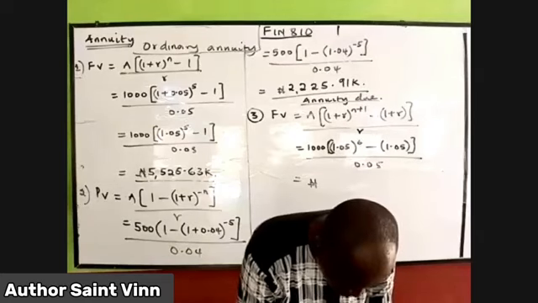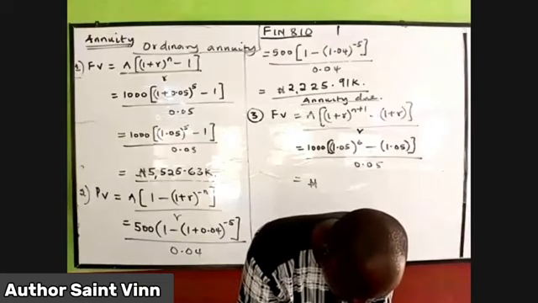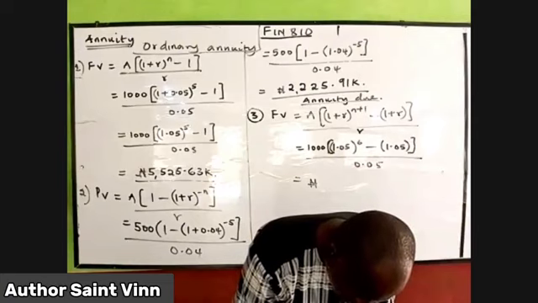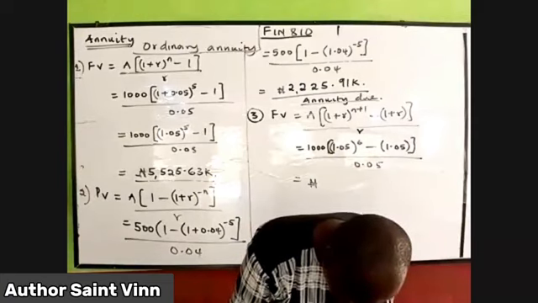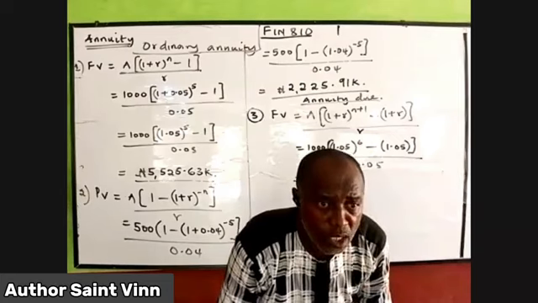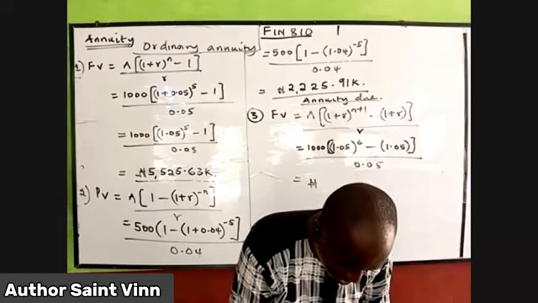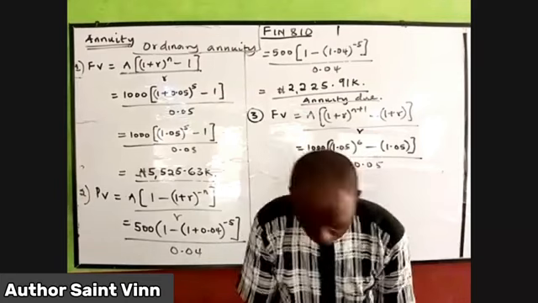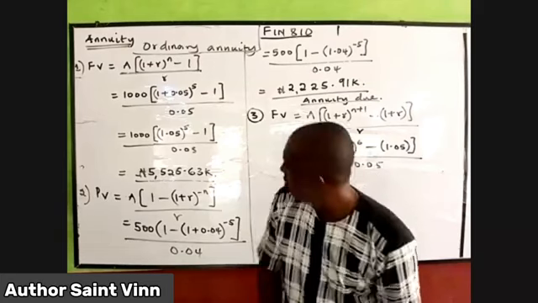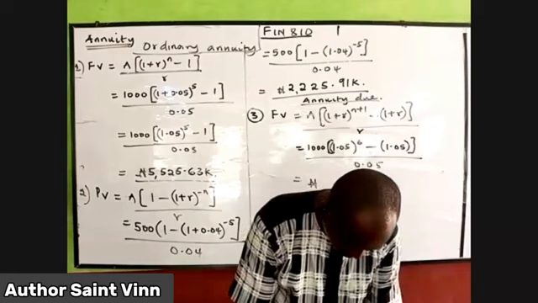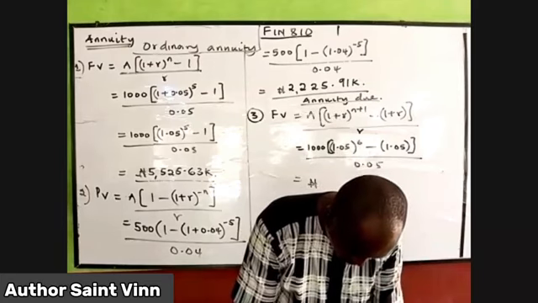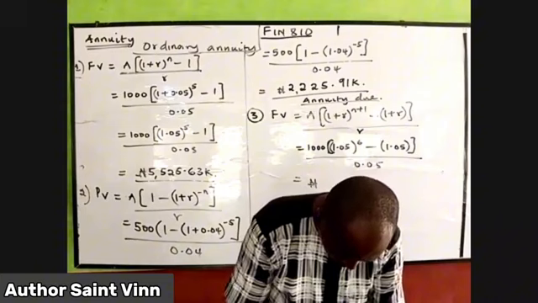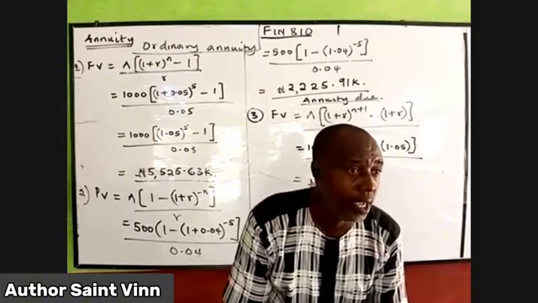What is the answer? Let me check what they did here. You got 5,801, I mean 91 kobo.